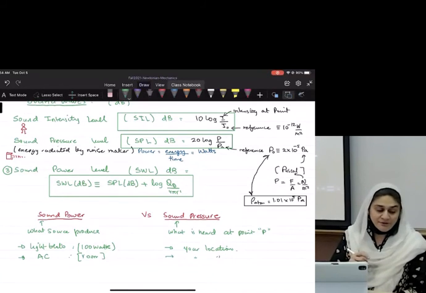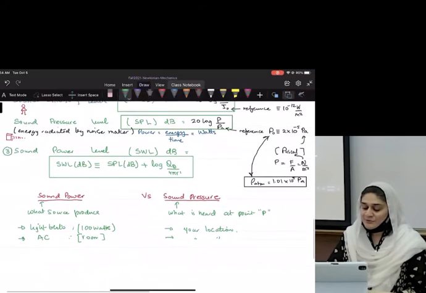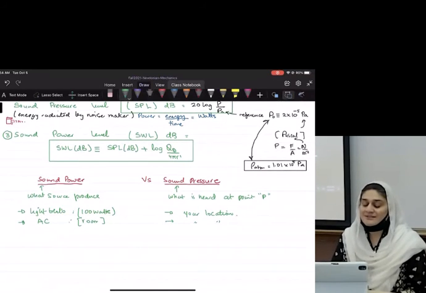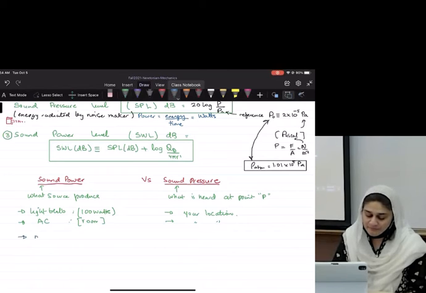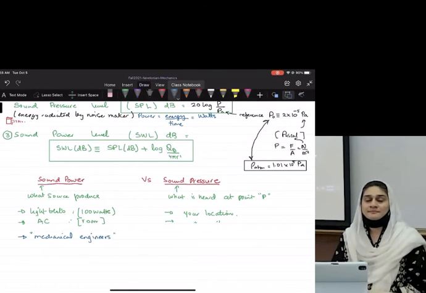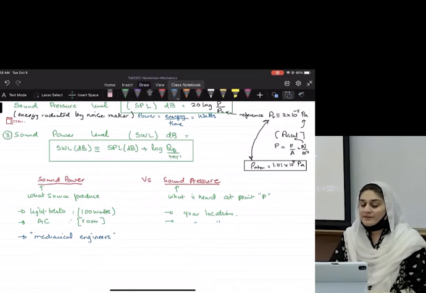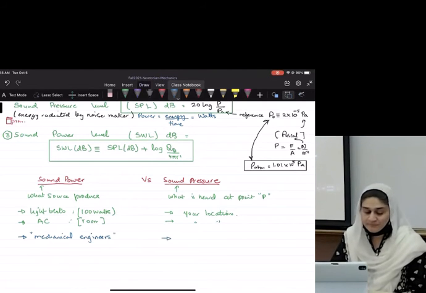Now, another major difference that you can think about is people who are interested in studying sound power. Who do you think wants to study sound power? It's their problem. Whereas who studies sound pressure?